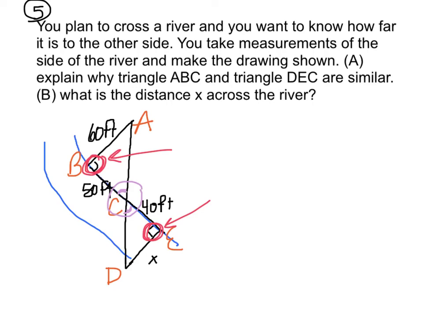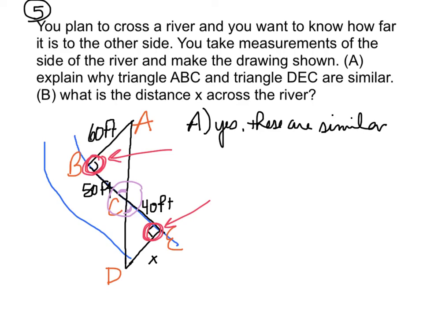So because the right angles are equal, and because we have vertical angles that are equal, we know that yes, these are similar. Now you have to tell me why. Why are they similar? Because you have two angles from one triangle that are congruent to two angles of the other. Therefore, you know the third angles are also congruent.